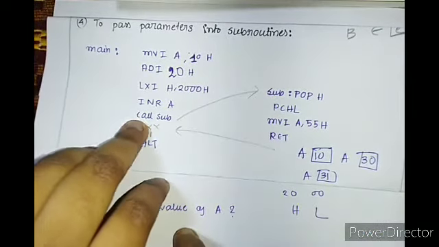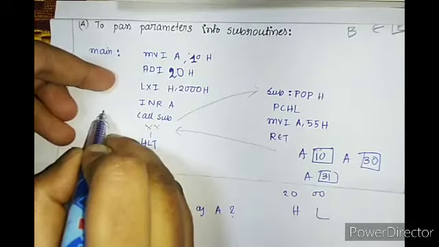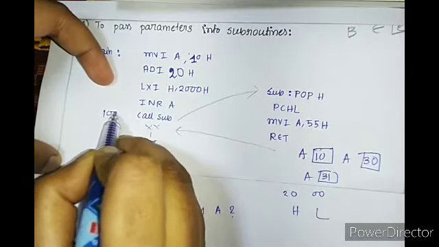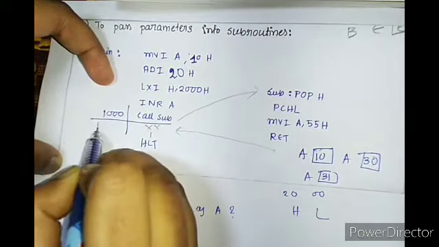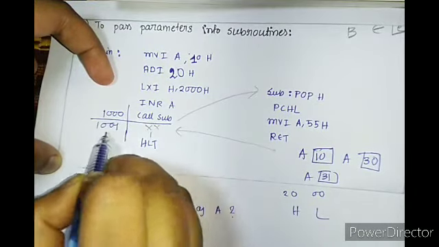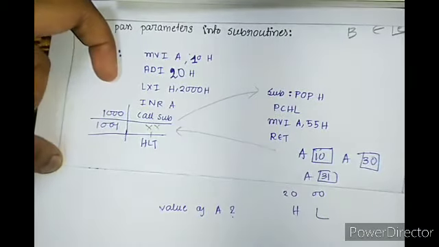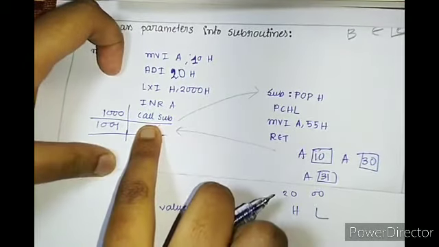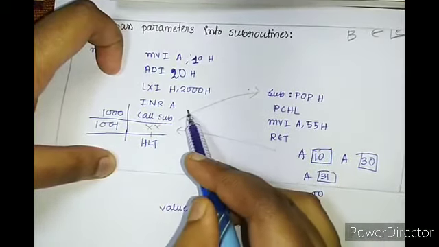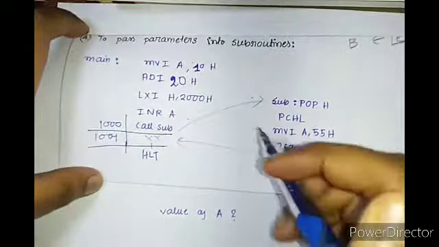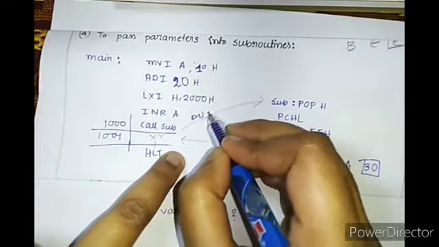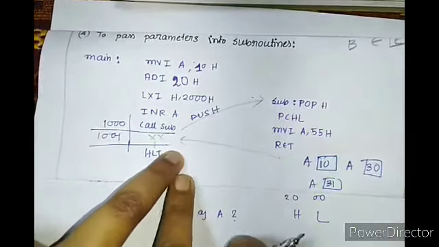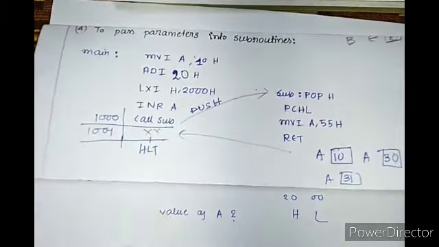Next, call subroutine. Suppose at this point my memory address is 10000. So what is the return address? 10001. Right? Remember this one. Call subroutine. Okay, go. Here what will get performed? Push the return address, right?